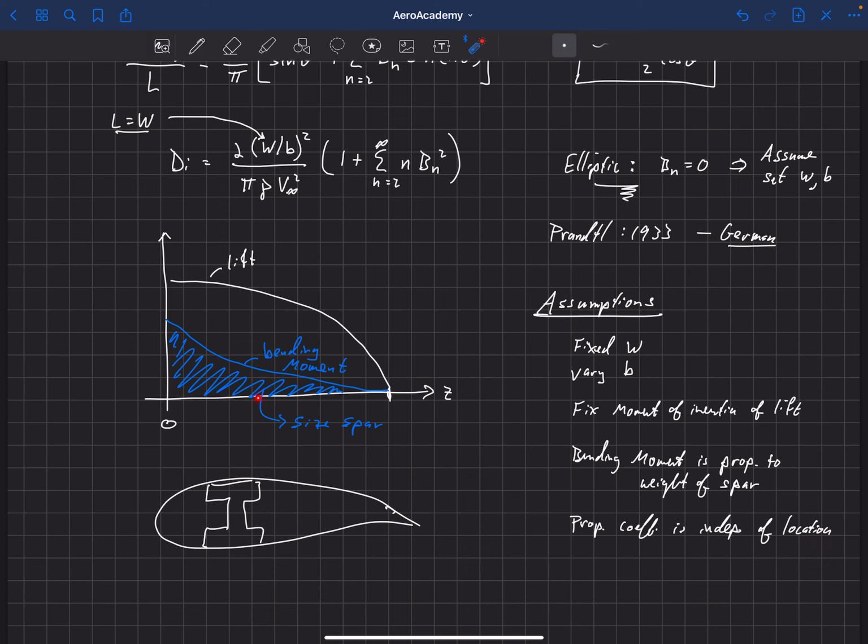So the thickness of a wing at any one location depends on two things. It depends on the chord of the airfoil at that location, as well as the percent thickness of that airfoil. Well, percent thicknesses usually only range between maybe 8 to 15%, so there's not a huge change in percent thickness.